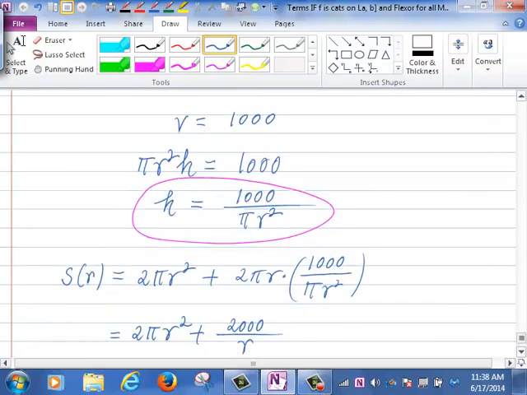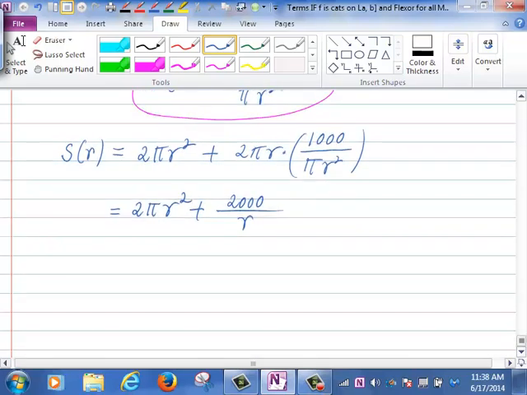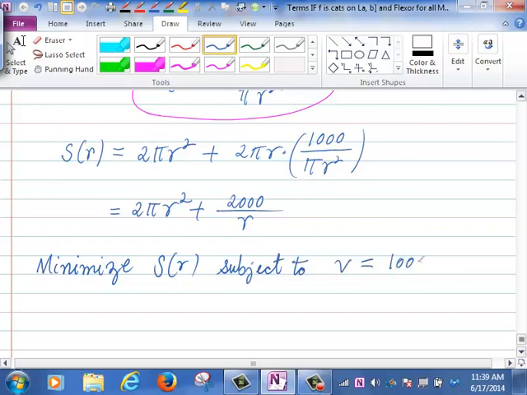Let me write that down first. My goal now is to minimize S of r subject to the condition that the volume is 1000 cc.